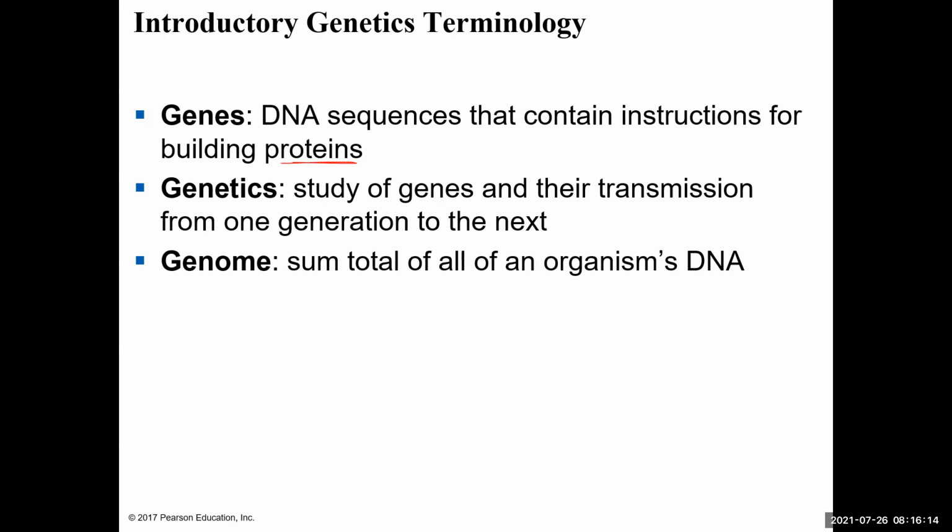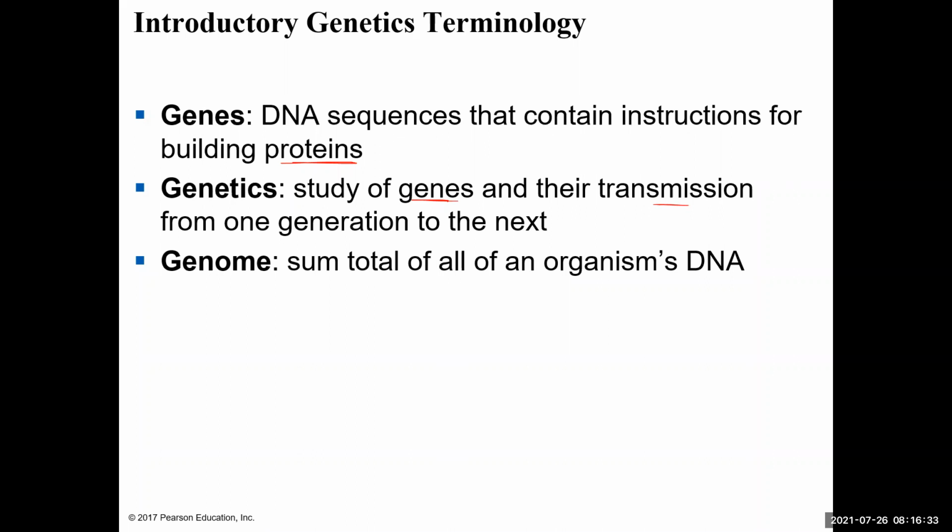So we talked about a gene being transcribed and translated from DNA to messenger RNA to a protein. Now, genetics is the study of genes and their transmission from one generation to the next, so their inheritance patterns.